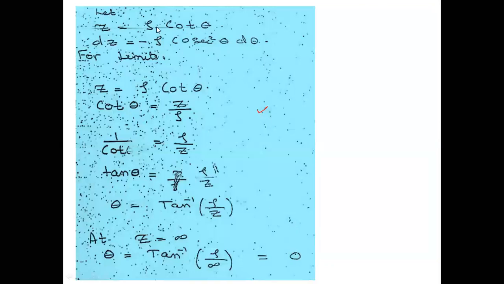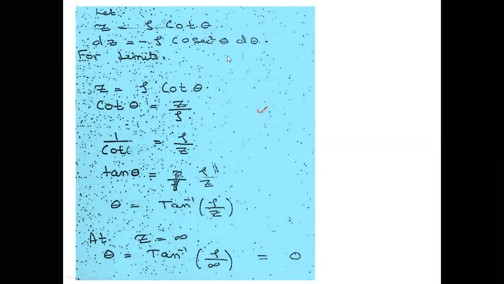So let z be equal to rho cotangent theta. Taking the derivative of z with respect to theta, we will get dz over d theta equal to minus rho cosecant square theta, since the derivative of cotangent theta is minus cosecant square theta, and shifting this d theta over here.